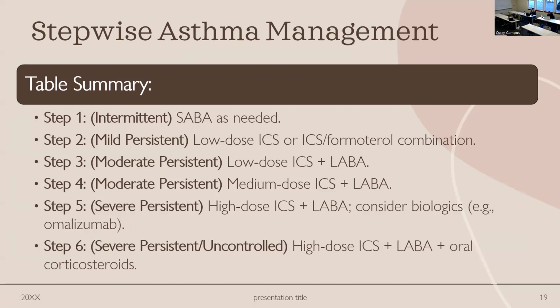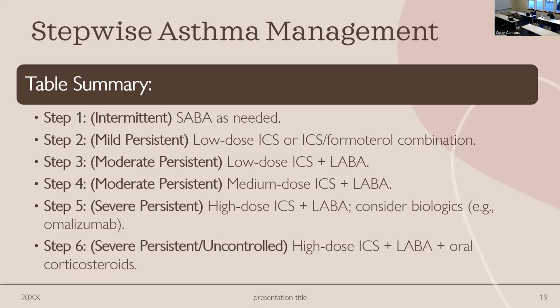Stepwise, and I can't recall if there are questions on this on the test, but probably know some of these steps. So step 1, intermittent asthma. So on occasion asthma, like if you're outside and something triggers you, you start breathing not so good, you could take the short-acting or rescue inhaler.